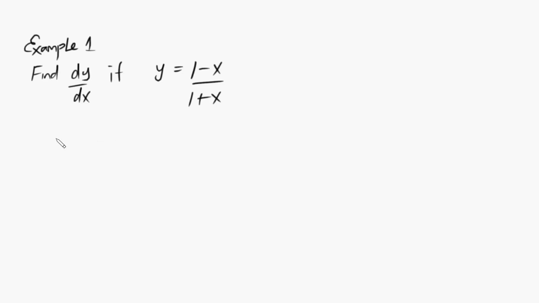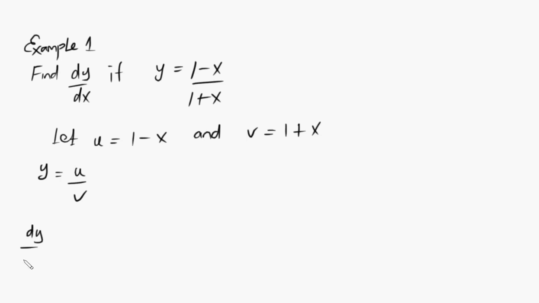So I can just let u be equal to 1 minus x, and then I will also let v be equal to 1 plus x. This means that y now is u over v. y is a quotient of polynomial functions. So dy/dx can be obtained easily from the quotient rule. So this is just v du/dx minus u dv/dx over v squared.